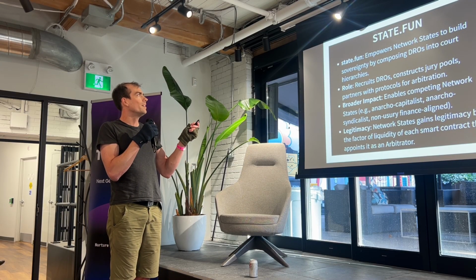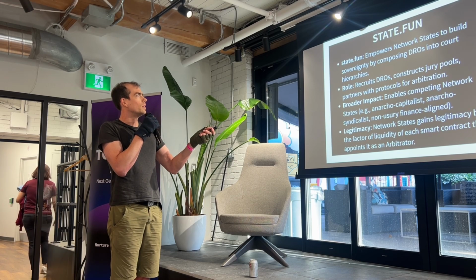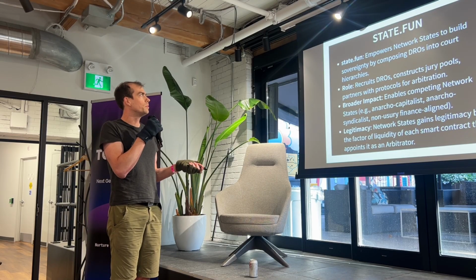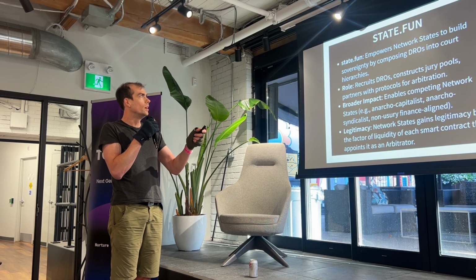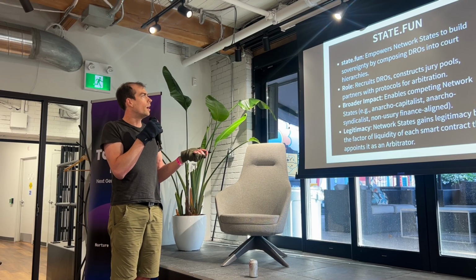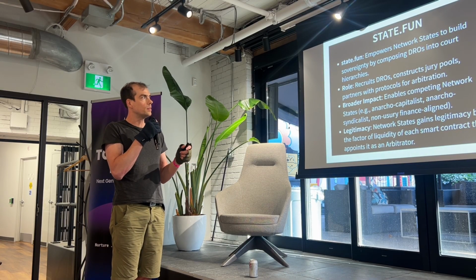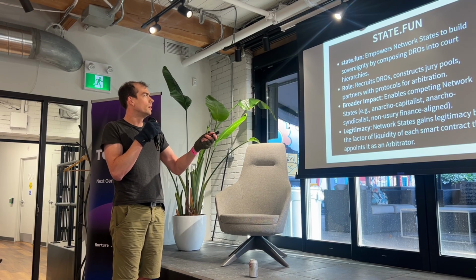So this is my fun plot twist, network state plot twist on Kleros. state.fun empowers network states to build sovereignty by composing these dispute resolution organizations into a court hierarchy. And then there's the role of the network state founder, who is the one making partnerships with these protocols to use these dispute resolution organizations for arbitration.